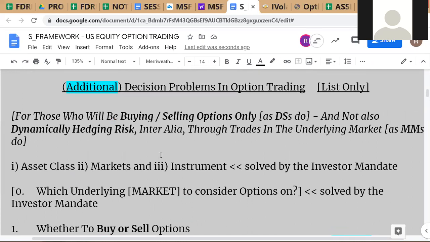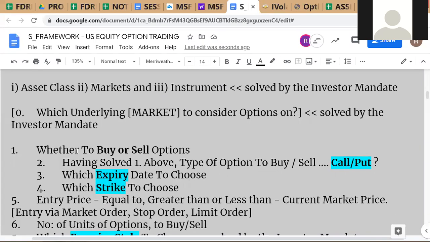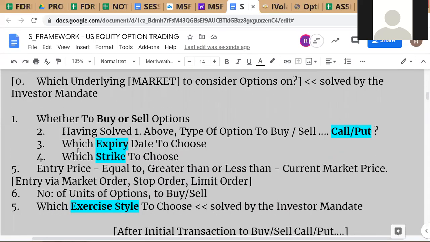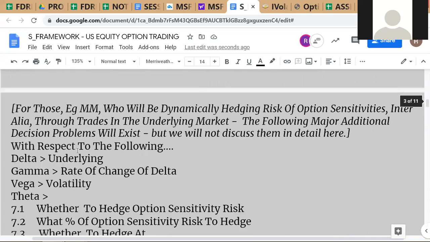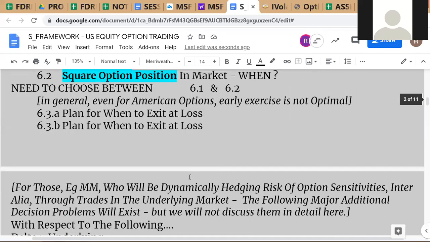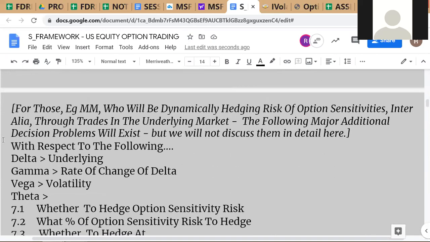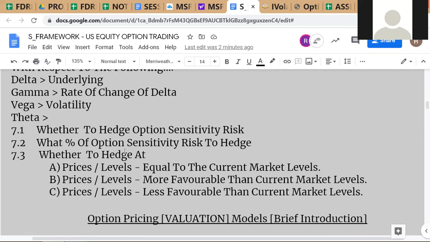It's like you know that there is a country called Korea, although I have never visited it. Market makers have to do dynamic hedging, and that includes certain additional decision problems, which we are not going to be covering. We will briefly introduce it later on, but we will not cover it. I've given it here already. You can read up on this on your own later. They have some additional market maker decision problems, which we are not going to be covering. So I'll put this entire thing in italics.